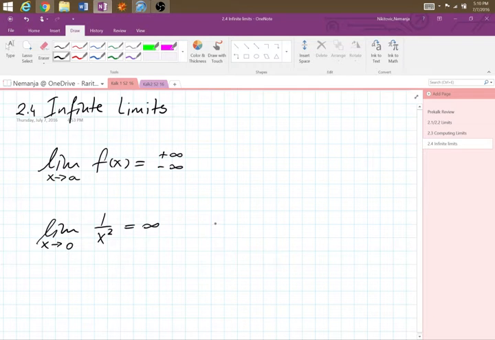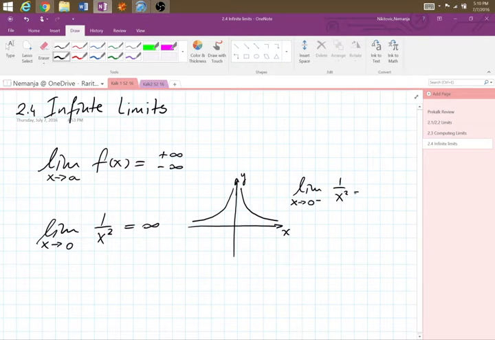Why? Well, we are going to look at the graph of the function, and we'll see that the limit as x approaches 0 minus, which is from the left, of 1 over x squared is positive infinity, and also the limit as x approaches from the right is positive infinity.